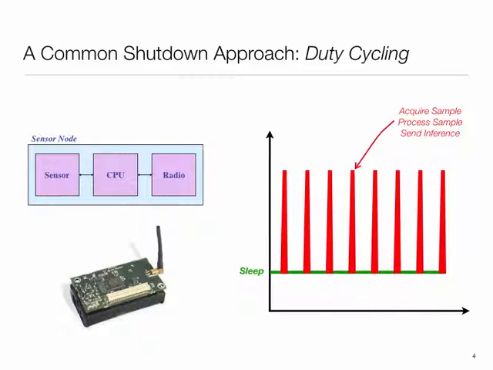The idea is that my period is short enough that I still get to look at the target I'm interested in capturing. When a person passes by or a car passes by, there's a period of time during which it's still going to be in my field of view. As long as the node wakes up once during that field of view, I'm okay. So that can decide your period.